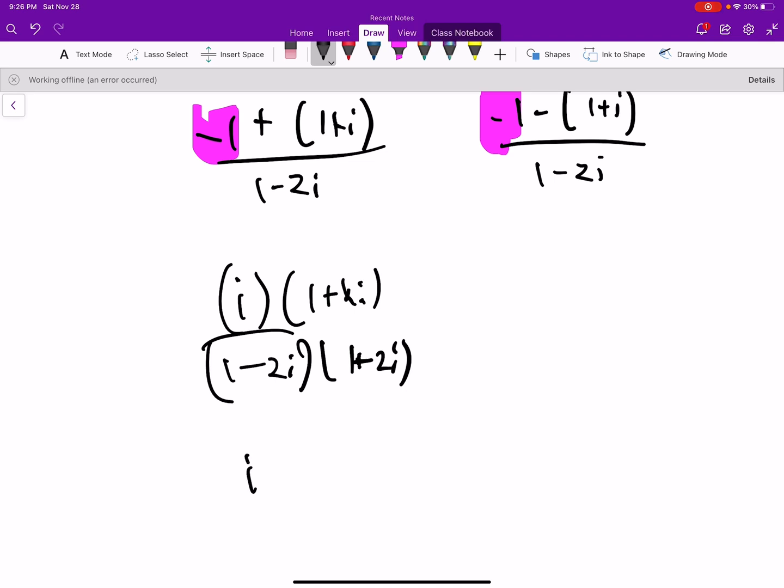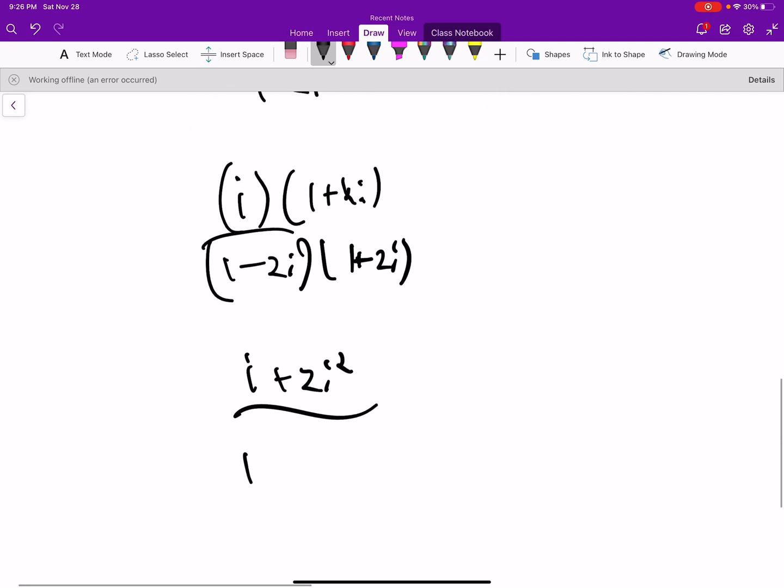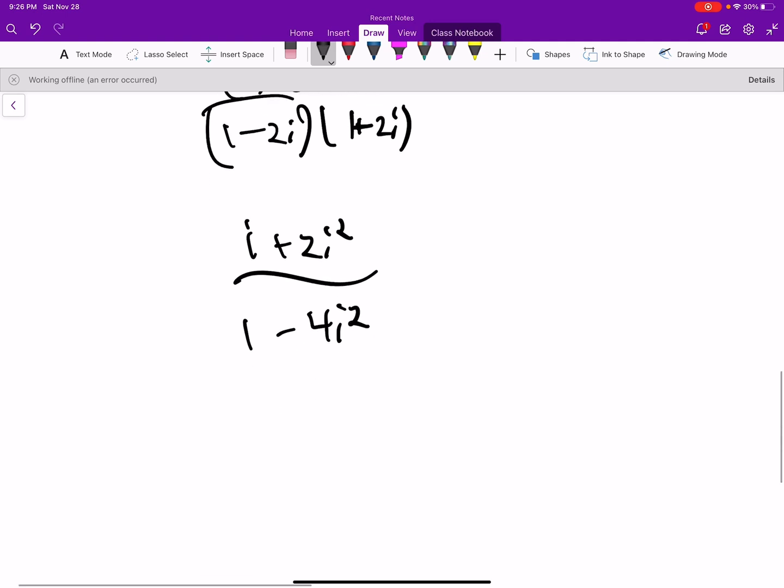And then we get i plus 2i squared, all divided by 1 plus 4i squared minus 4i squared. All right, so we get i minus 2 all over 5.